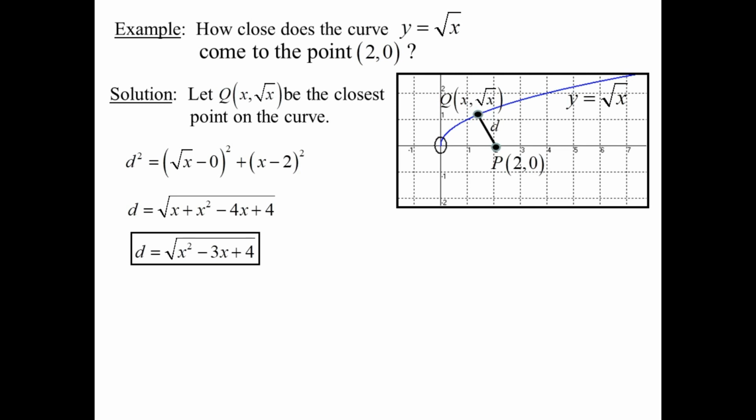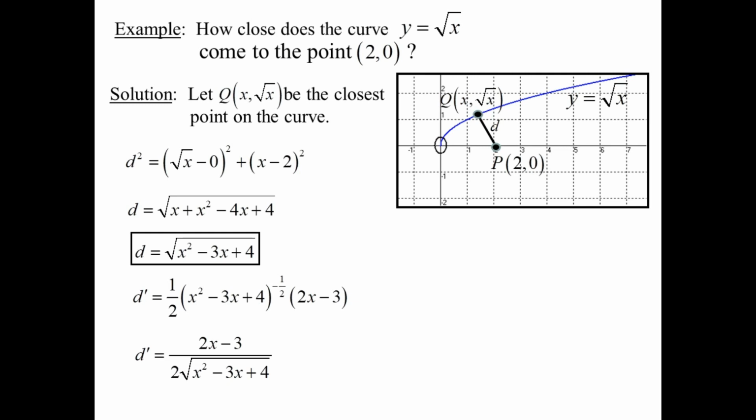And we want to minimize, so therefore we'll prime it, zero it, and solve it. 1/2 times the radicand to the negative 1/2 multiplied by the derivative of the radicand, 2x minus 3, and simplifying. And setting this equal to 0, we arrive at 2x minus 3 equals 0, just the numerator, and so x equals 3 over 2, or 1.5.